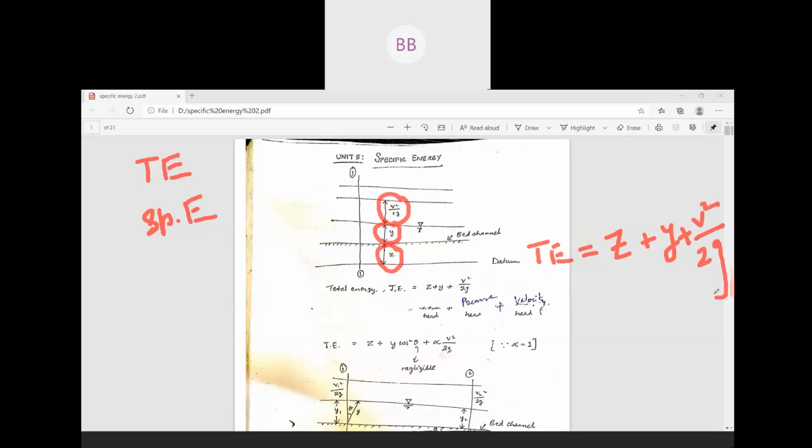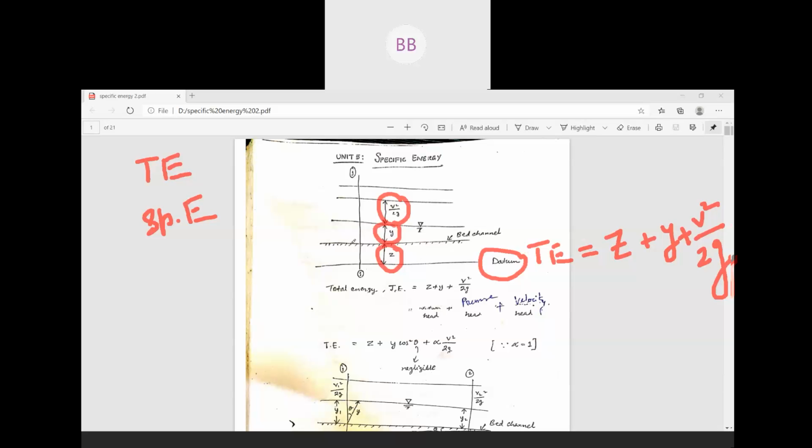In the very first class we already discussed this total energy. When we find the energy with respect to a reference line, or you can say datum, then that energy is your total energy.